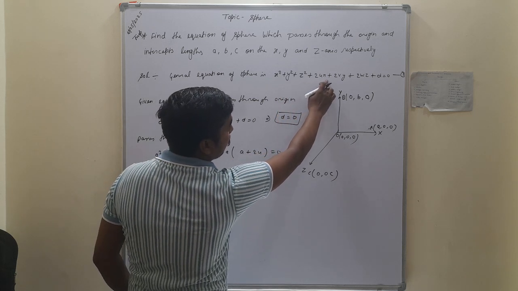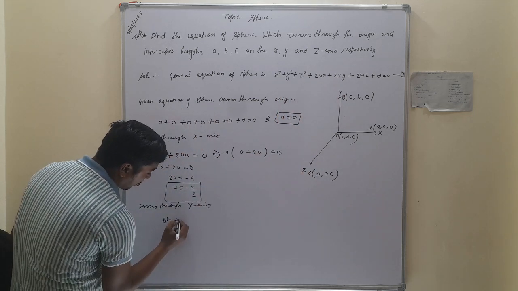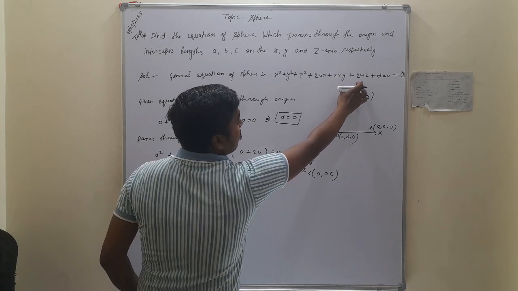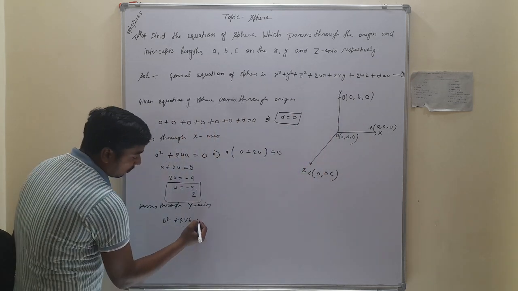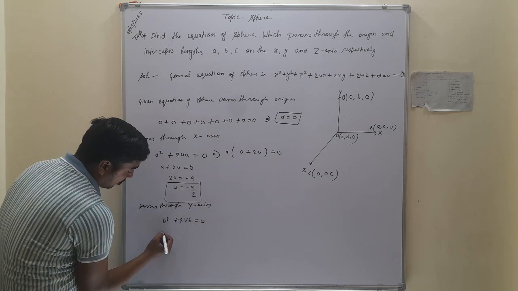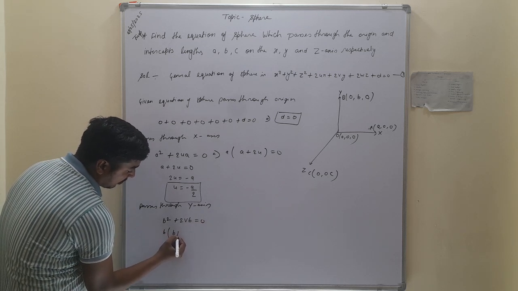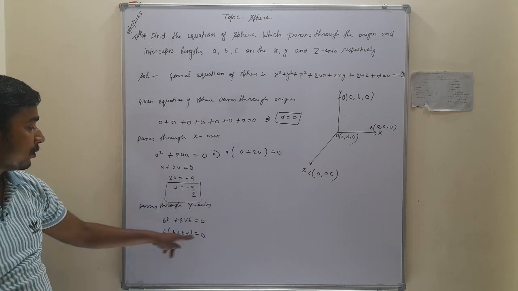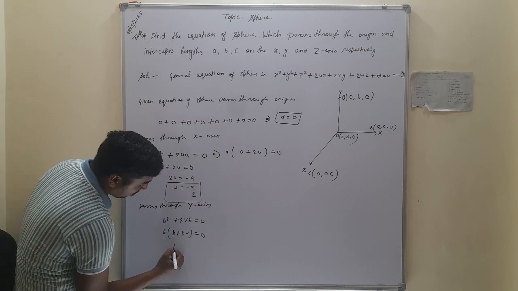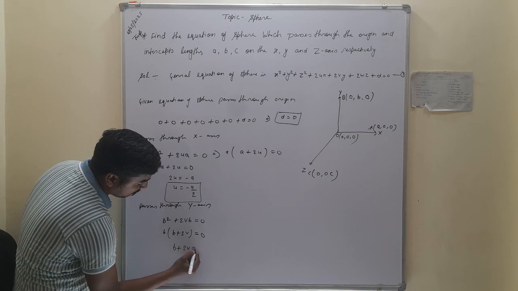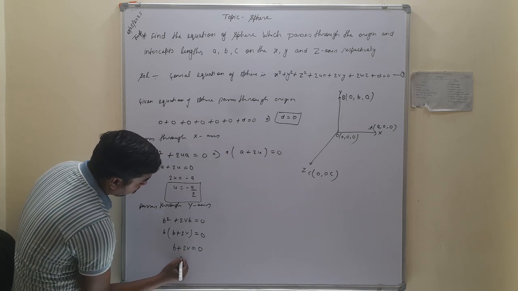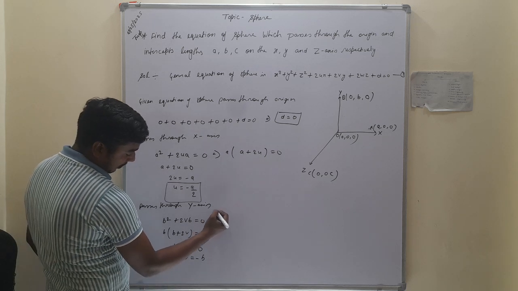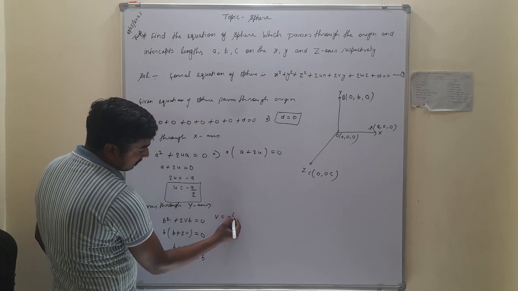Then 2ux is 0, 2vy becomes 2vb, 2wz is 0 and d is already 0. Taking b common, we get b times b plus 2v is equal to 0. Dividing by b, we get b plus 2v is equal to 0, so 2v is equal to minus b, and from here v is equal to minus b by 2.